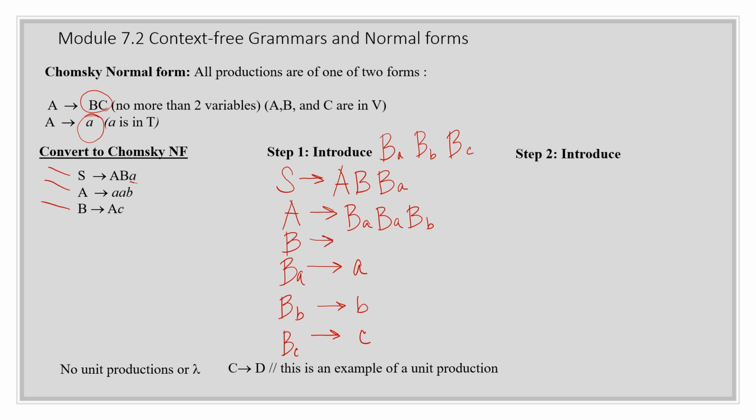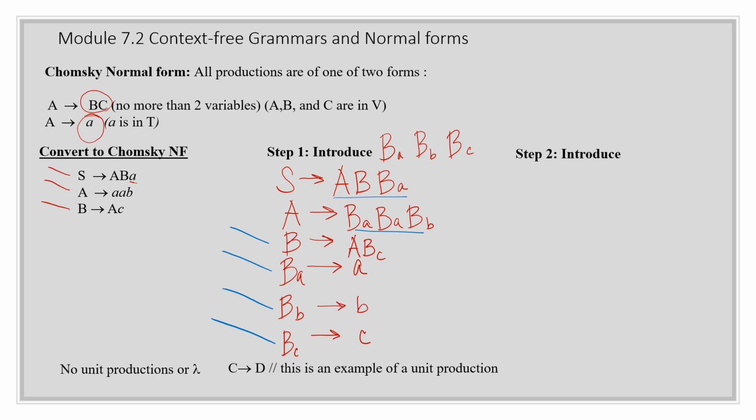So the third one here is going to be A and then B sub C. If you take a look at our grammar right now, you can see that this one's fine, this one's fine, this one's fine, and this one's fine. But we still have to deal with these two productions right here because you can't have three variables on the right. You can only have at most two variables on the right.